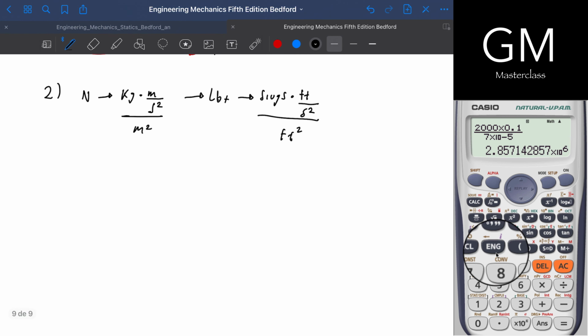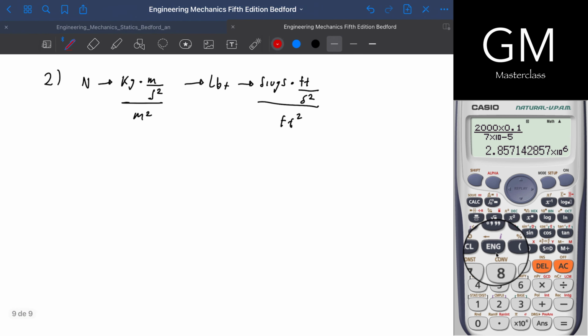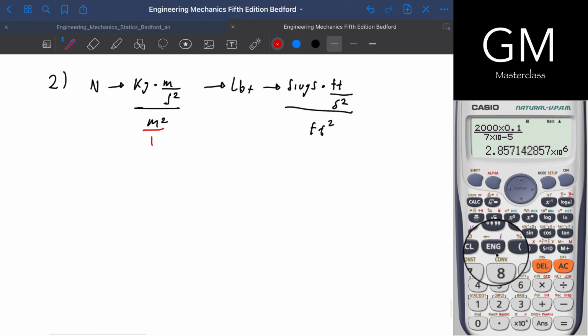Then I'm going to play here with this equation. Imagine that I have a division for the square meters, and that division is the 1, because that doesn't change a thing.